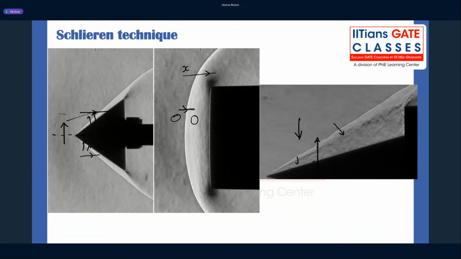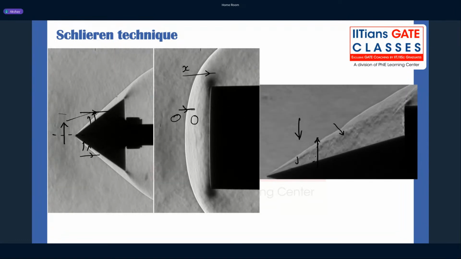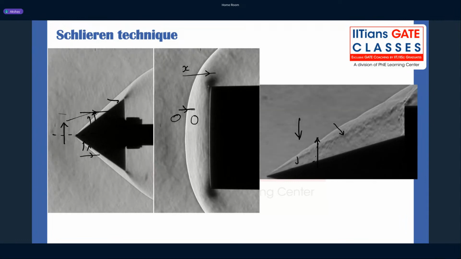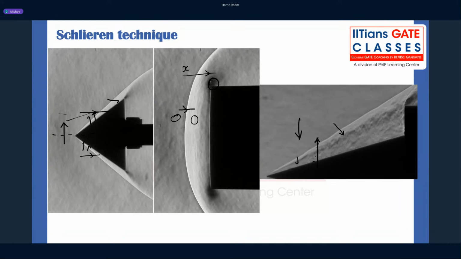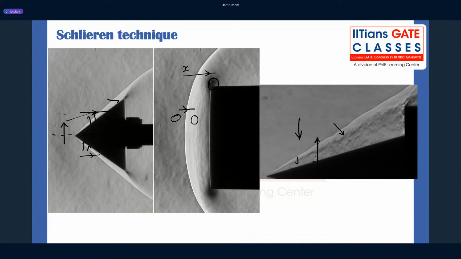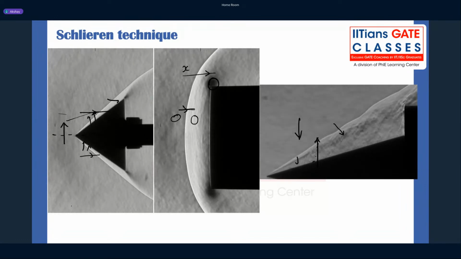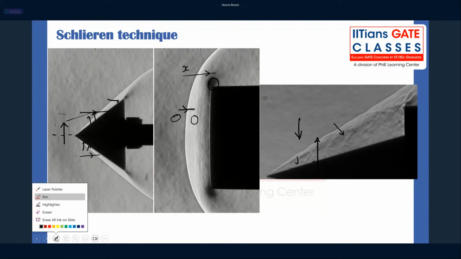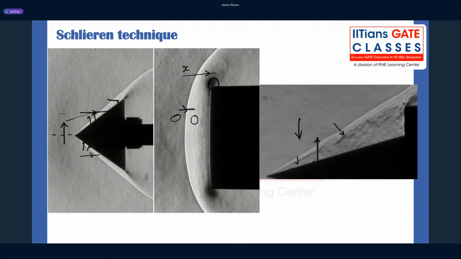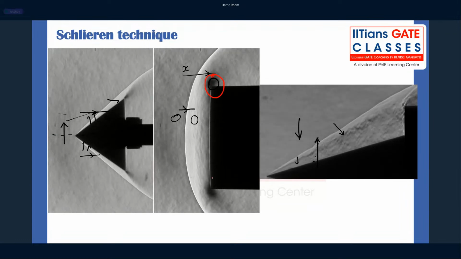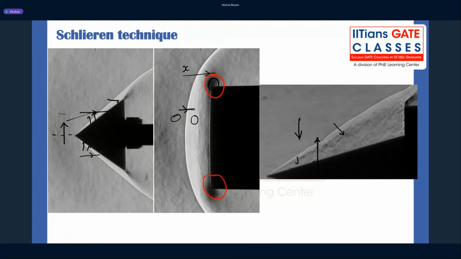In this video, you can clearly see many things. There is a shock wave as well as an expansion corner. Here you can see the expansion wave in the other color. I think I am using the black color, that is why you are not able to see the mouse. So you see there is an expansion corner, and there is a shock wave.